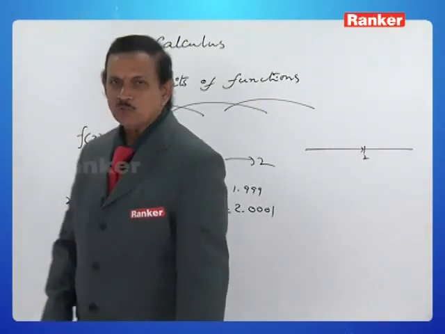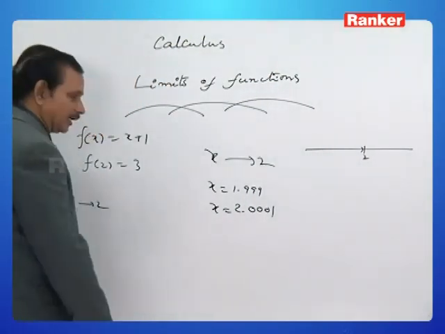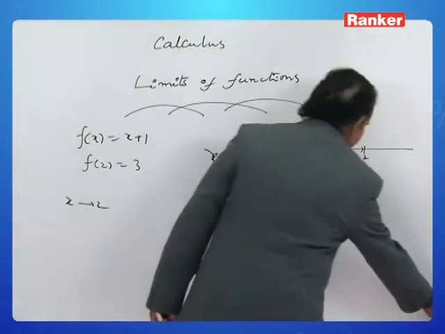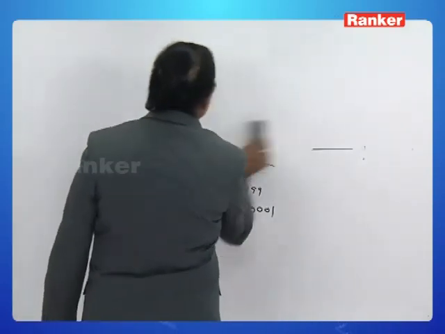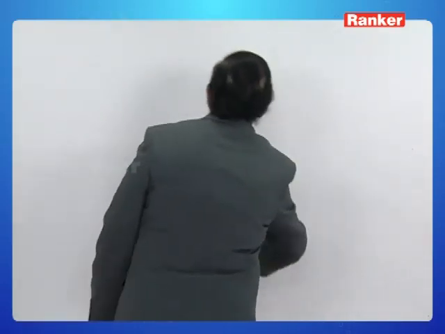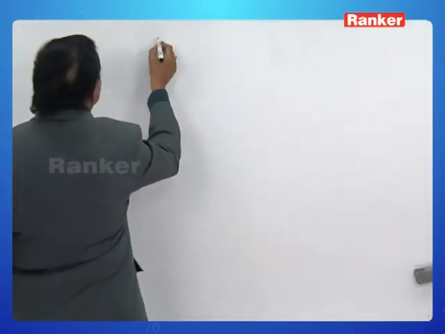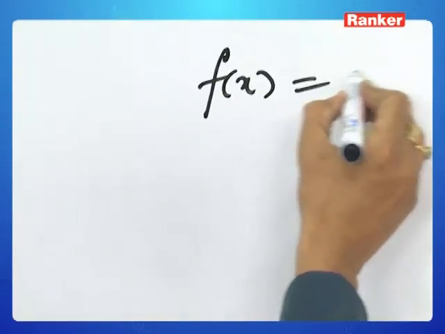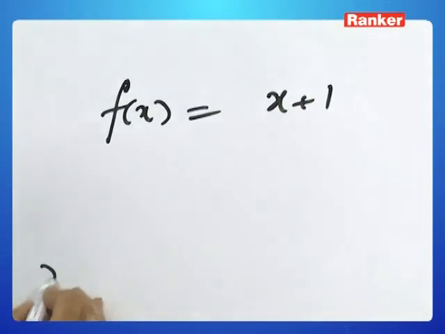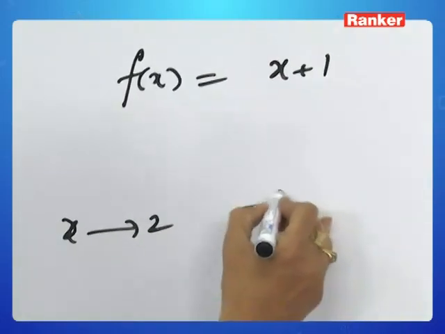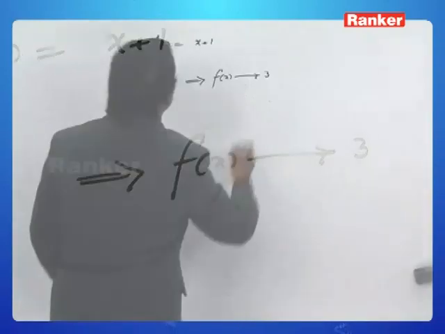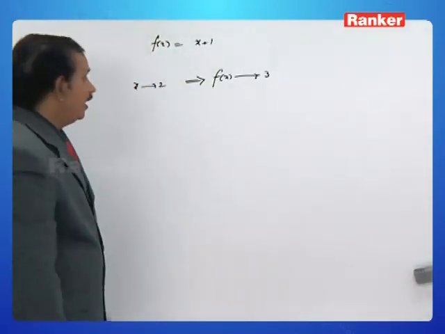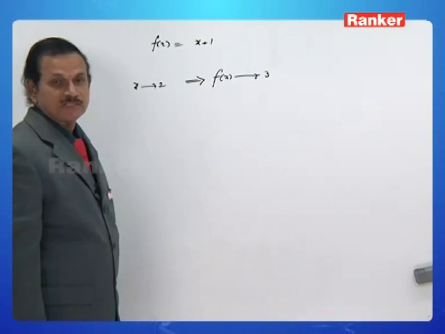And to express all these symbolically, x tends to 2 implies f of x tends to 3, we write.